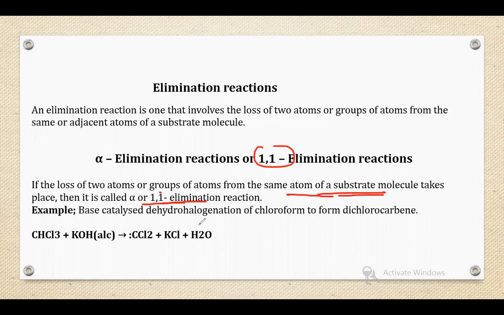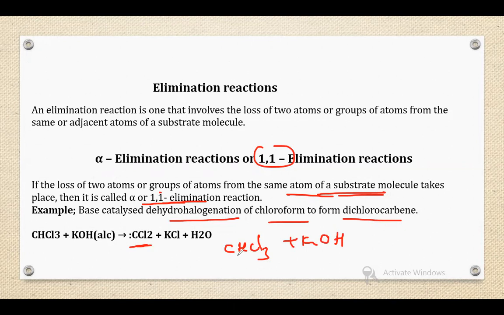Base catalyzed dehydrohalogenation of chloroform forms dichlorocarbene, CCl2. So what happens in this? CHCl3 is treated with potassium hydroxide, KOH.